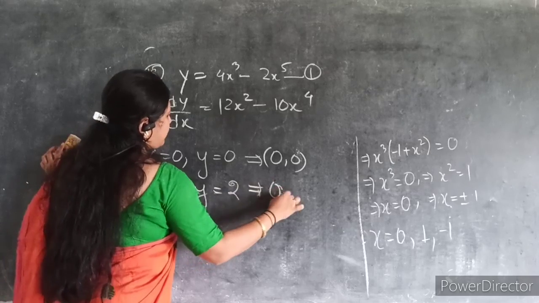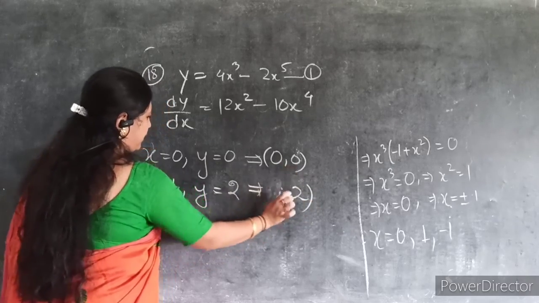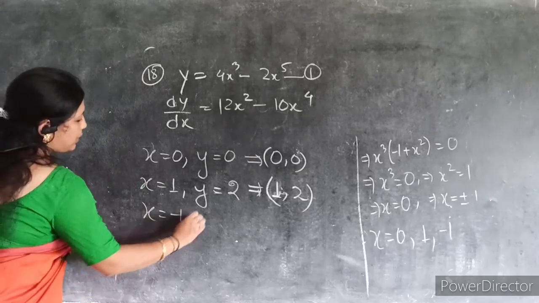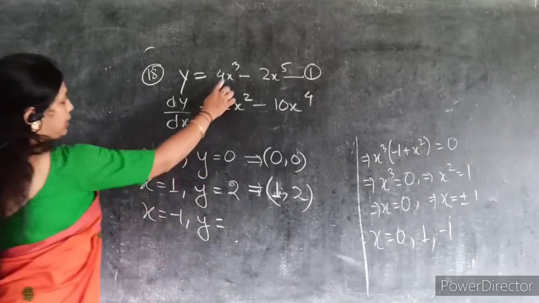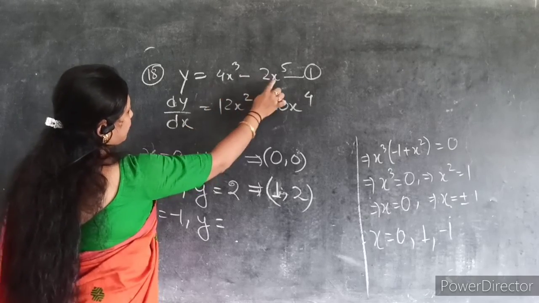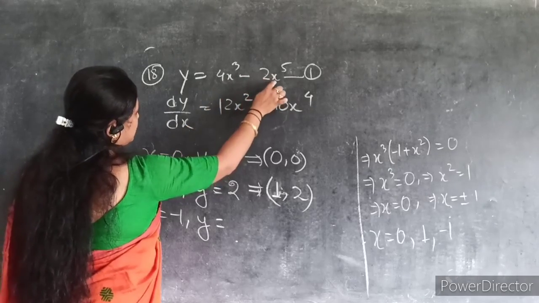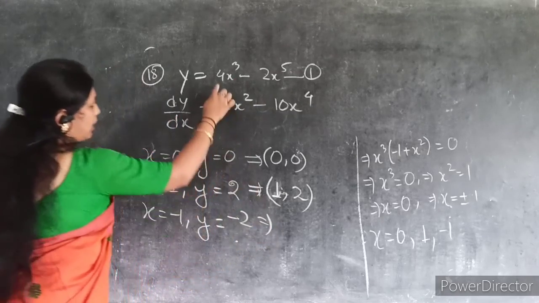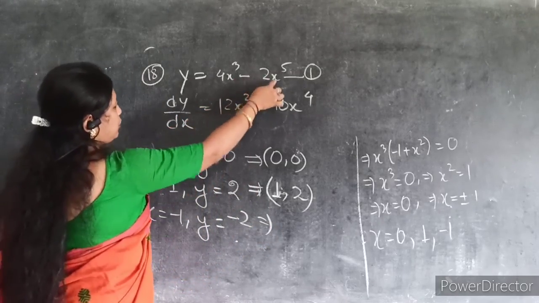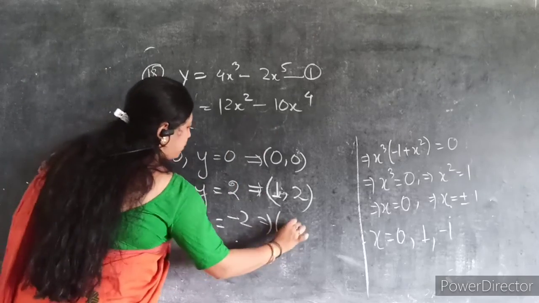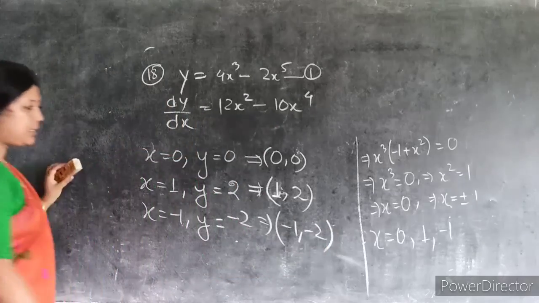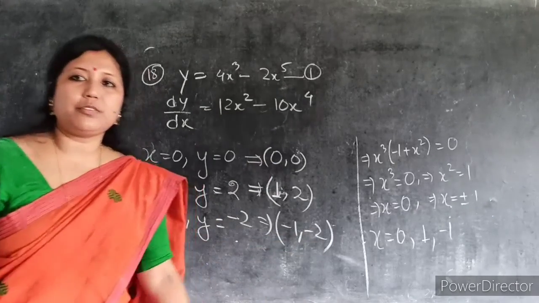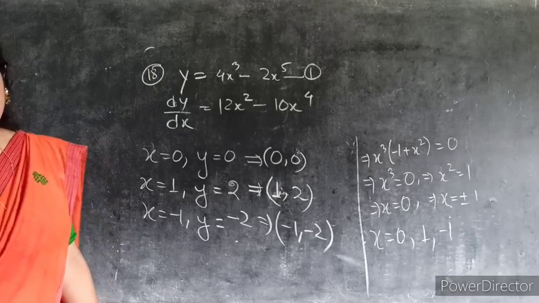When x is minus 1, y will be minus 4 plus 2, so y will be minus 2 here. So these are the coordinate points for the question number 8.